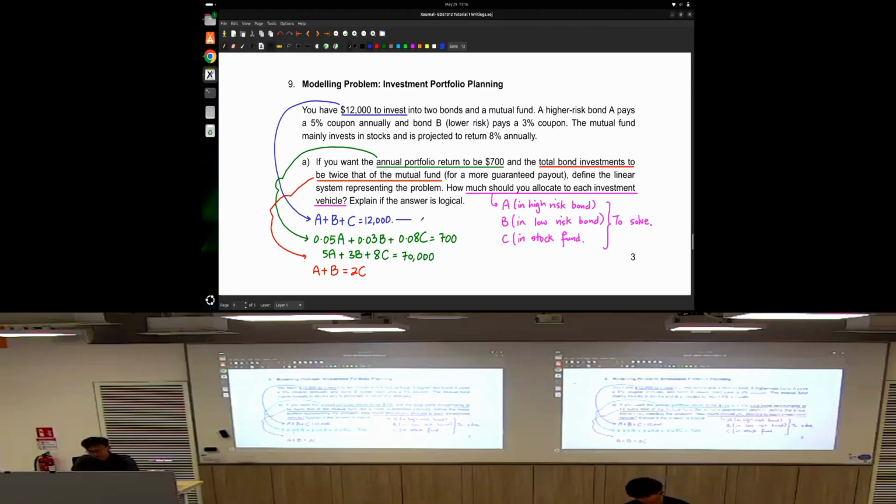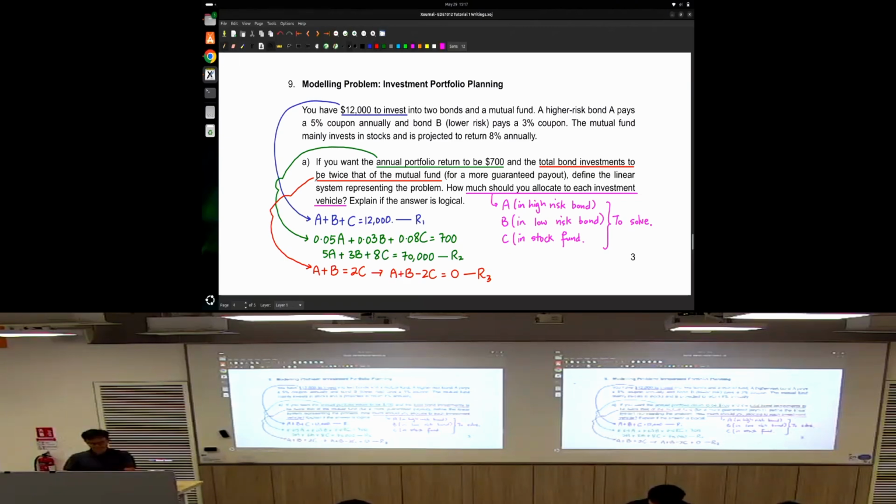So this will be directly your row 1, this will be row 2. Then A plus B equals 2C, so you can write it as A plus B minus 2C equals 0. That will be your row 3. So 3 constraints, 3 unknowns, you can potentially have a unique solution.